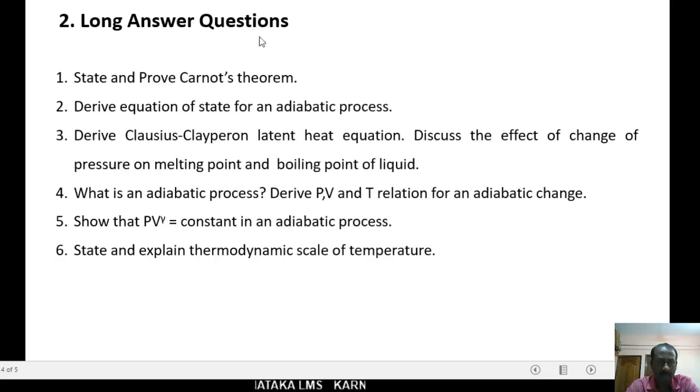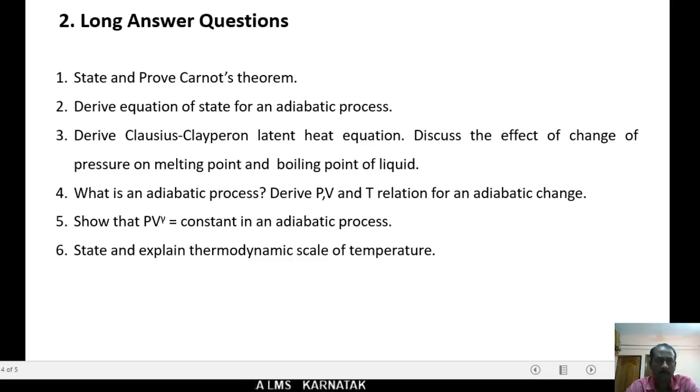Here for first unit, that means first chapter thermodynamics, there are more than 6 questions. I sorted only the 6 questions which appeared in the previous question papers. First one is state and prove Carnot's theorem. For this one you can write down the 2 statements and prove it by using reversible engine and irreversible engine diagram.